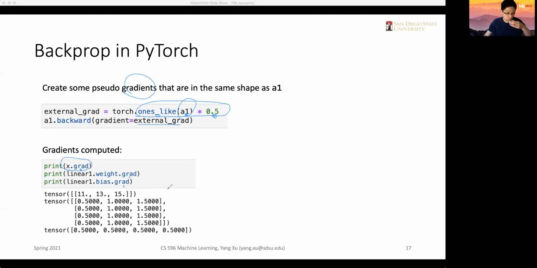So now, if we look at the gradients for the weight and bias, it'll be like this.